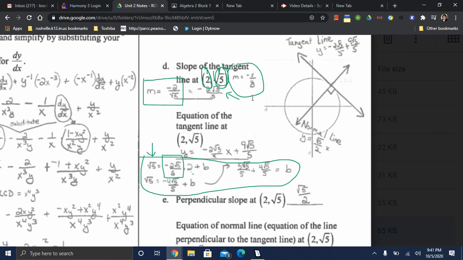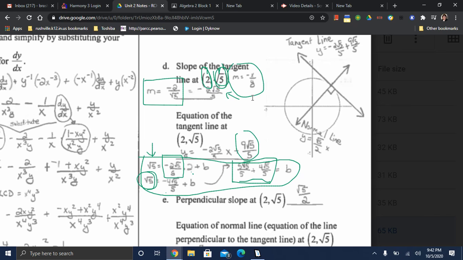I can multiply together my 2 and my negative 2 square root 5 over 5, and then add to the other side. So b, although kind of weird, is 5 square root 5 over 5 plus 4 square root 5 over 5, because I had to get a common denominator. So that's how I did that. I got a common denominator to give me 9 square root 5 over 5.